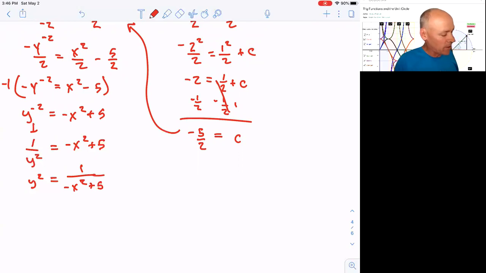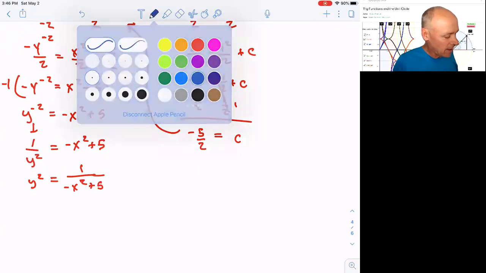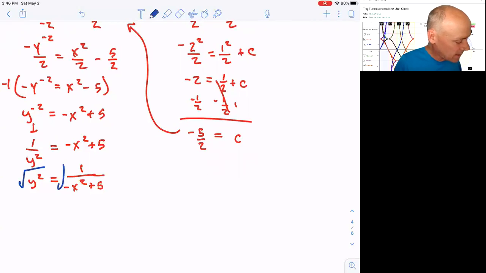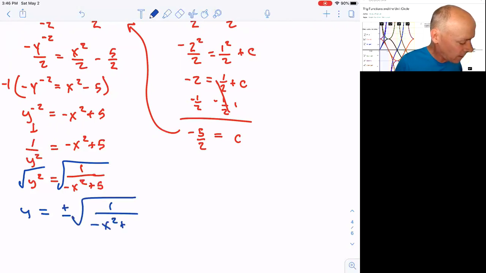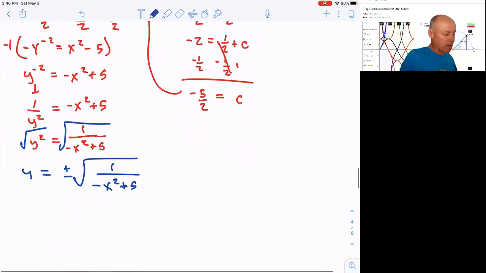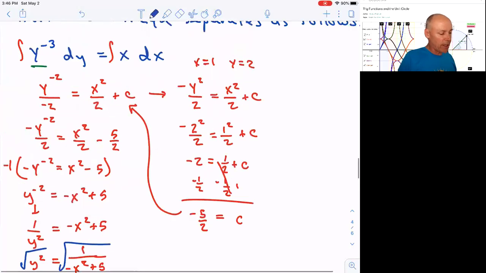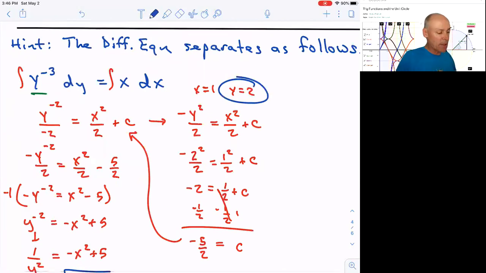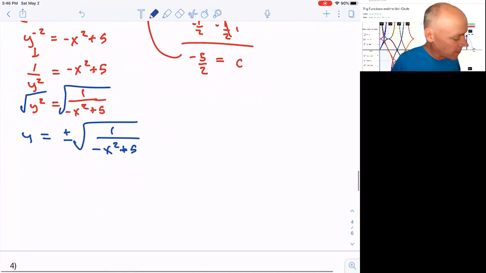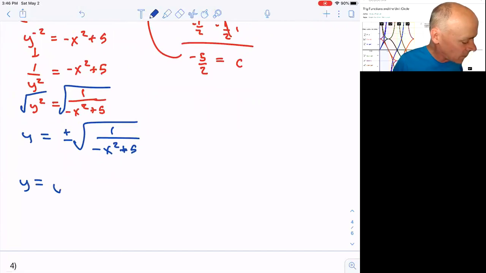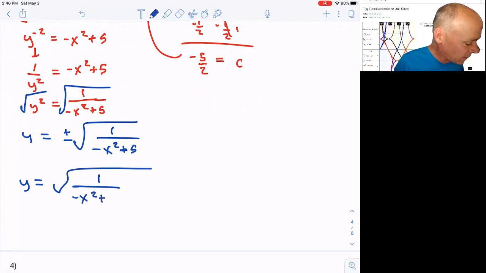Okay, now I want to take the square root of both sides, and I'm going to get y is equal to, you know what to do, plus or minus the square root of 1 over negative x squared plus 5. Now I have to select, do I want the positive or the negative branch? I look here, y was equal to positive 2, so I just want the positive branch. So that would be y is equal to the square root of 1 over negative x squared plus 5.